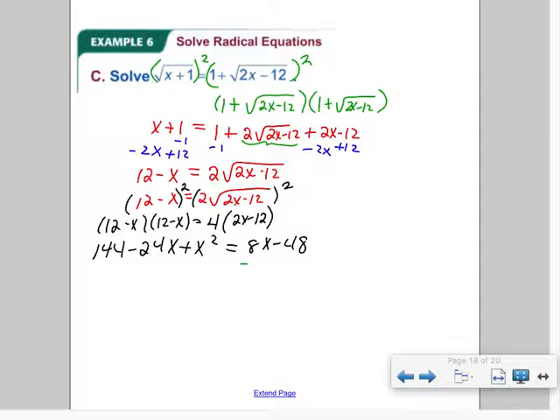So let's get it equal to 0 on the right side by subtracting 8x and adding 48. So we're just moving everything to the left side so we have the right side equal to 0. We get x squared minus 32x plus 192 equals 0.